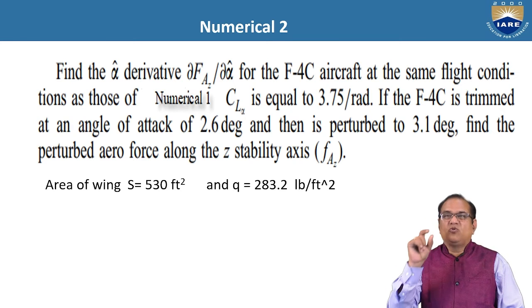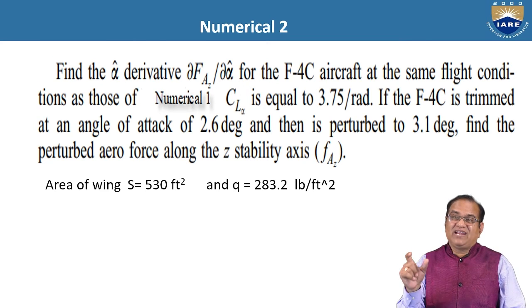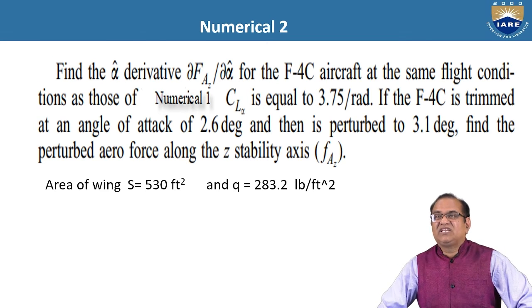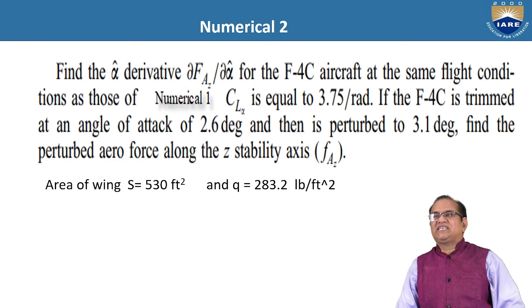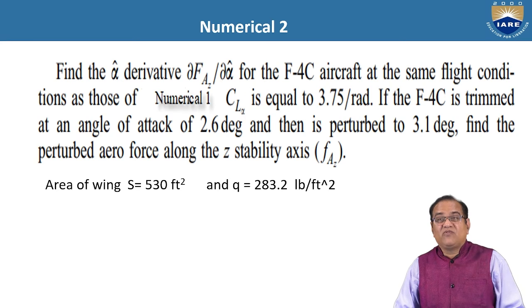Alpha 1 is 2.6 degrees, and then it is perturbed to 3.1 degrees. The final angle of attack alpha is 3.1 and alpha 1 is 2.6. So 3.1 minus 2.6, approximately 0.5 degree of perturbation is given.